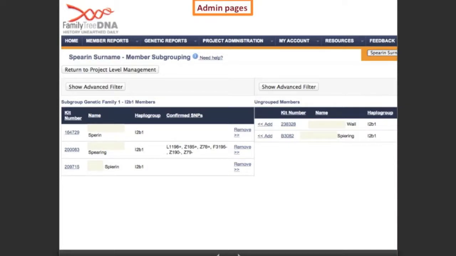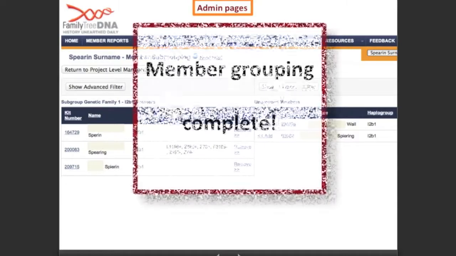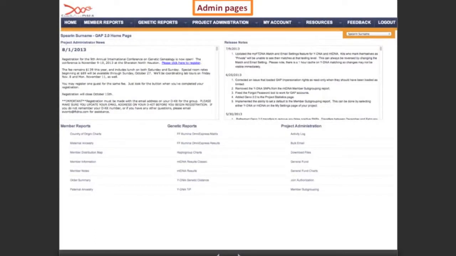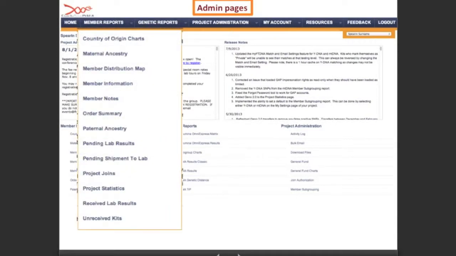And these new ungrouped people, I can decide whether or not they need to go into genetic family 1 on the basis of my analysis of genetic distance and using the tip tool. So that really is member grouping complete, and by doing that, you will be able to set up and run your project at a very competent level.